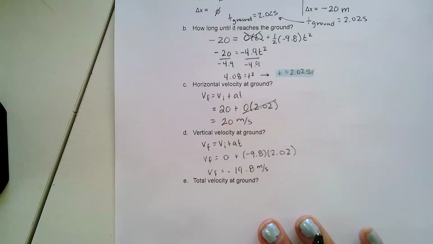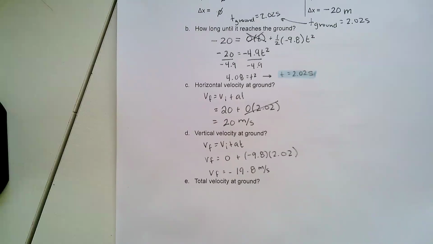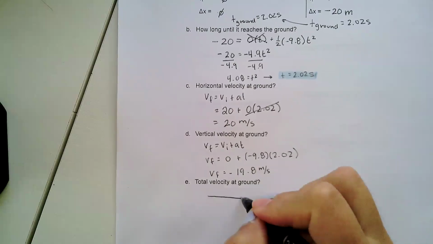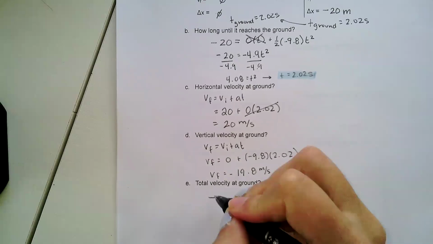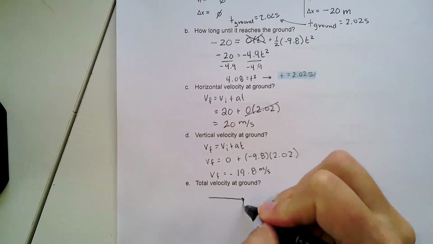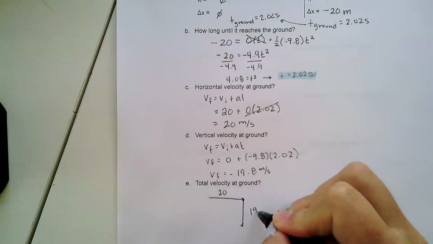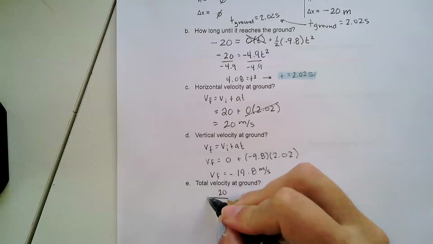I'm going to ask you now, use the Pythagorean theorem to tell me what the total velocity would be. In other words, what the hypotenuse would be. Give the video a pause until you have an answer. All right, so what are we going to do? We know our horizontal velocity and we know our vertical velocity. Horizontal velocity is 20. Vertical velocity is 19.8.